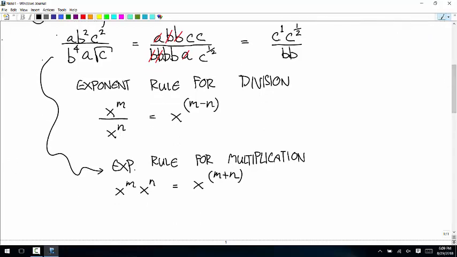And so I can rewrite this as c to the power of 1 plus 1/2, that's c to the power of 1.5, or I'll write it as 3/2. And then b times b, what's left in the denominator is just b squared. So that's about as simple as you can make it.